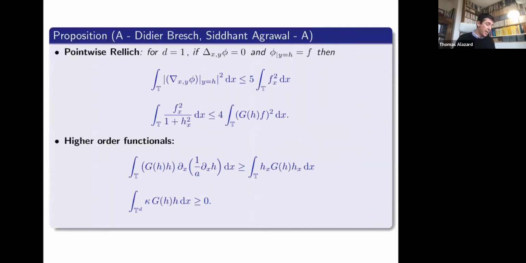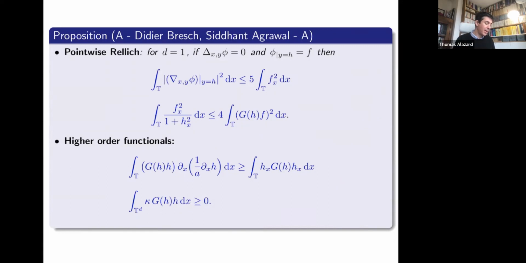Eventually, a nice question might be to seek higher order Lyapunov functionals controlling derivatives of higher orders. And with Didier Bresch and Siddhant Agrawal, we obtained some inequalities in that direction.